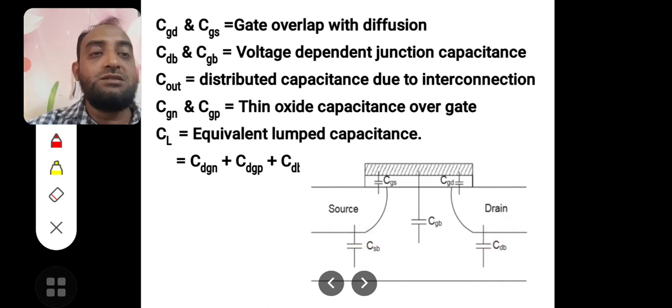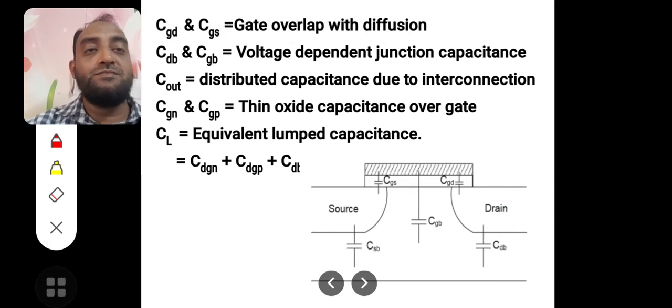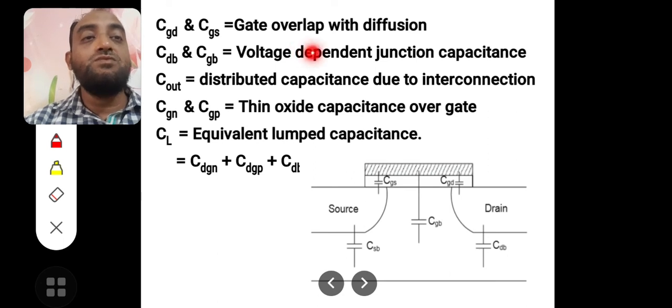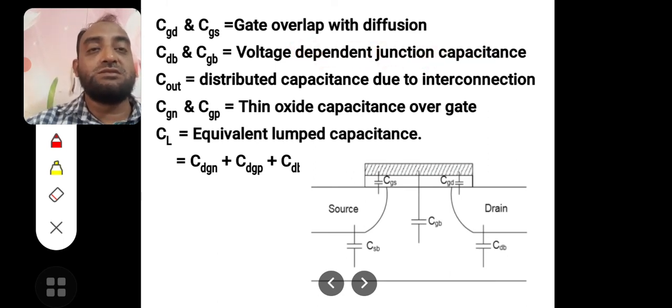CDB and CGB, gate to substrate, drain to substrate, source to substrate. These are the voltage dependent junction capacitances. And Cout is the output capacitance, which is not shown in the diagram.